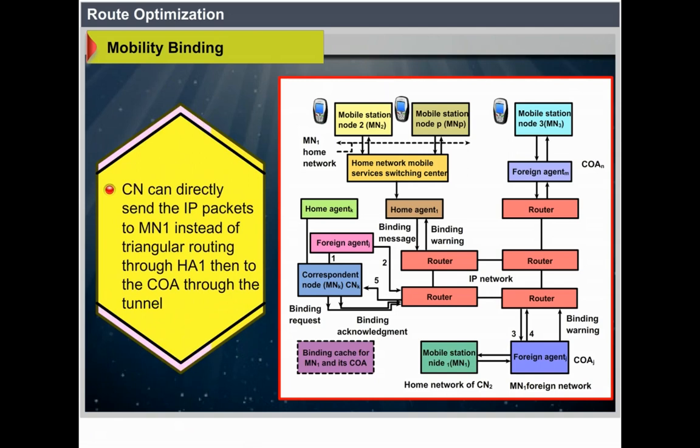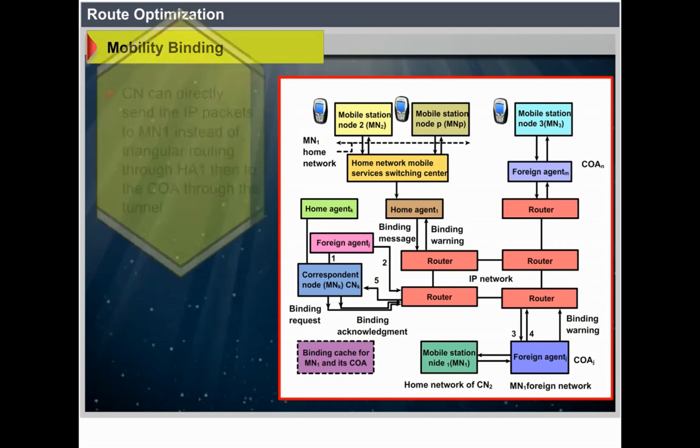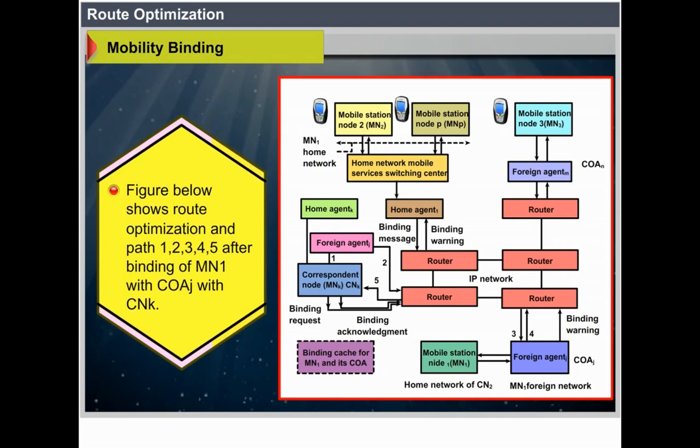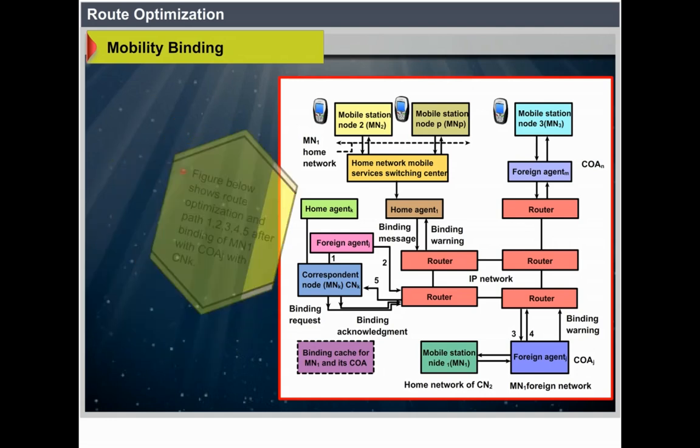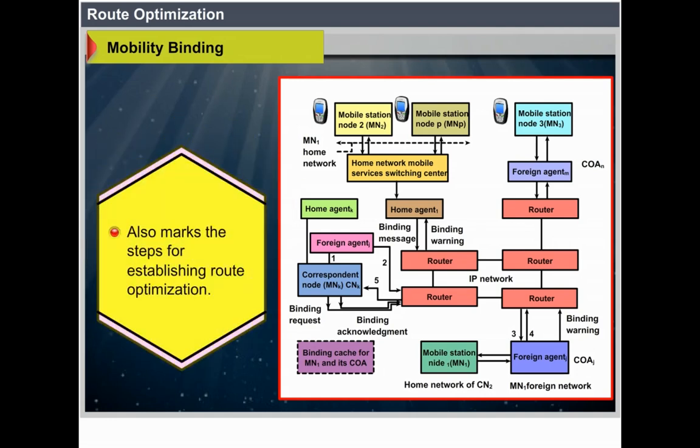CN can directly send the IP packets to MN1 instead of triangular routing through HA1, then to the COA through the tunnel. The figure below shows route optimization and path 1, 2, 3, 4, 5 after binding of MN1 with COAJ with CNK. It also marks the steps for establishing route optimization.